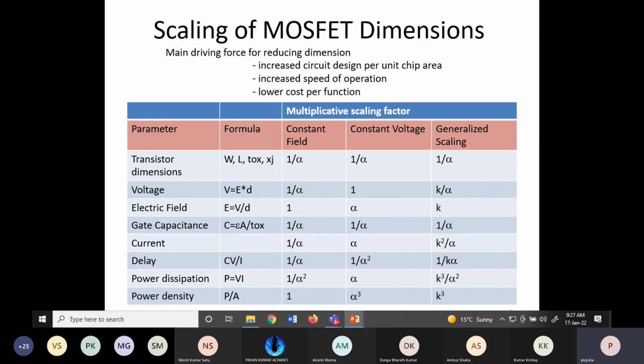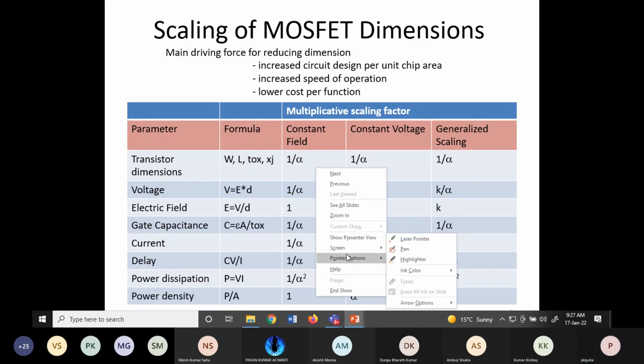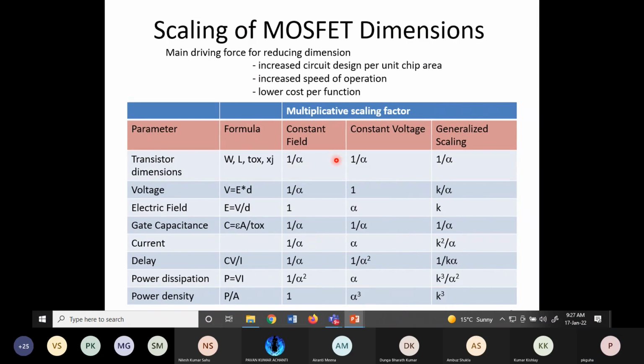You remember, we did mention that we will calculate some of the things which I have written in this table through Razavi's book. Mostly using the constant field approach, we will calculate some of the things. For example, the current is decreasing by alpha times. Talking about capacitance associated with the gate, that decreases by alpha times, and so on and so forth.